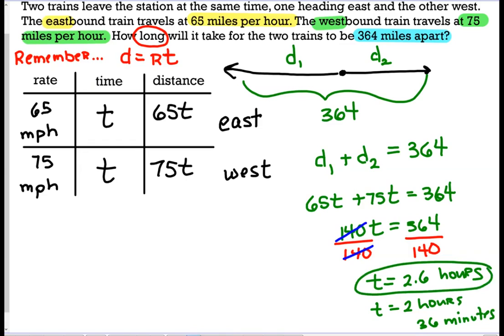All right, now just some other information. If you want to use your chart to find other information, both of these are 2.6. If you're curious, well, what is the distance? Okay.